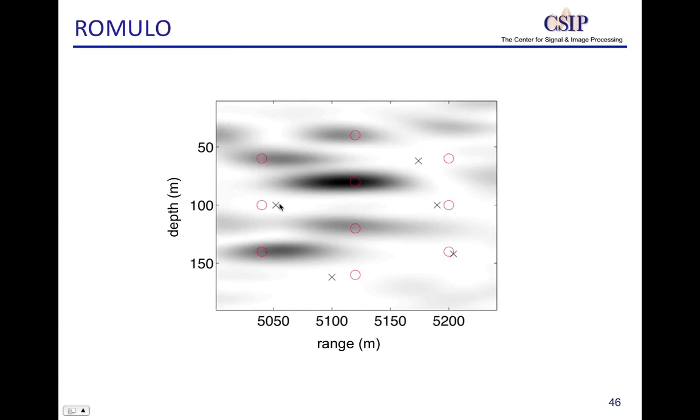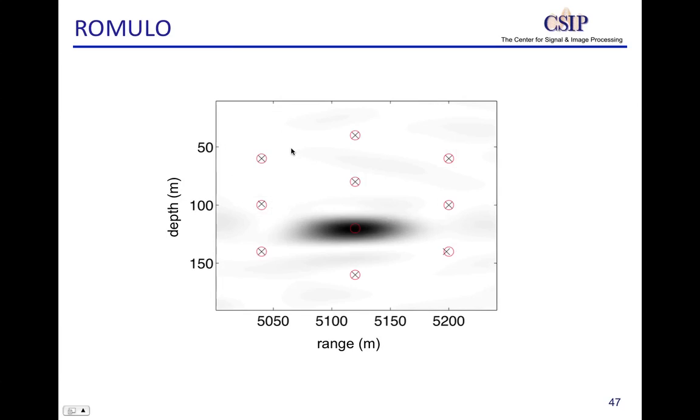If we run this for the first 5 times, we come up with the first 5 source estimates. And then after we run this through 100 times, we find all of the source estimates, and each one of these source estimates has been revisited 10 times. And this is the last one that we'll estimate here. So at every iteration, we basically forget one of these source locations and re-estimate its location.